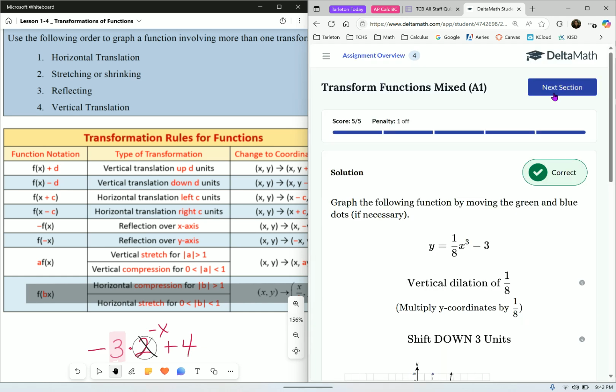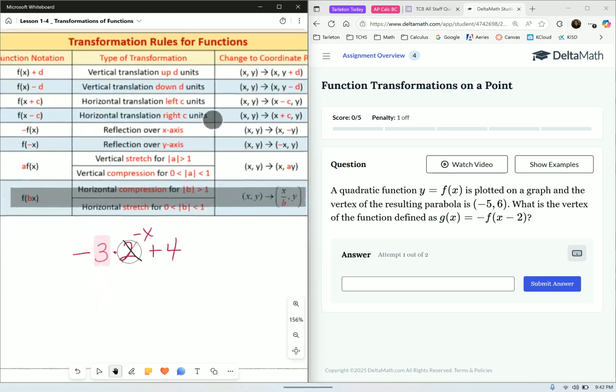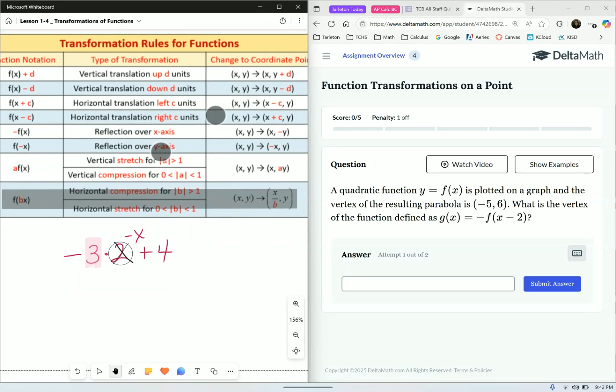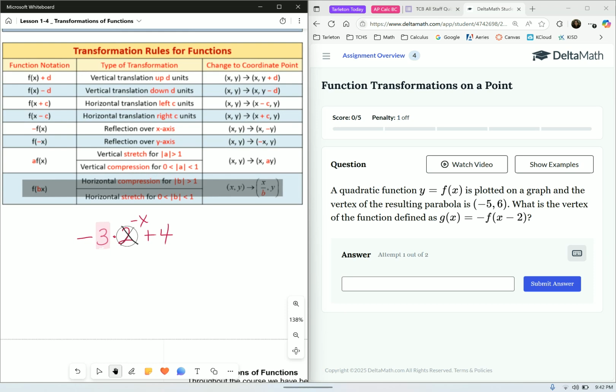Okay, so that's how you do those. Last but not least, here is our transformation of a point. So let me get some space over here. You're going to notice in your chart that I also provide some rules for changing the coordinates. All right, let's erase this.